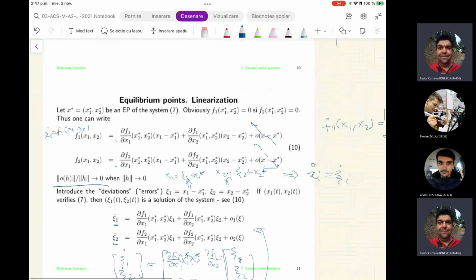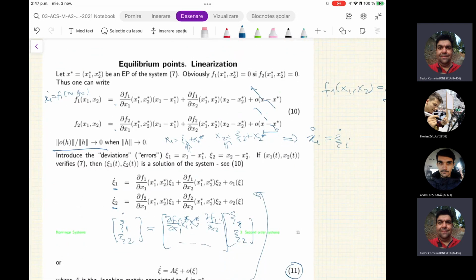Right, and we can compute the equilibrium points just like we know, the dynamics is 0, and we can also linearize.